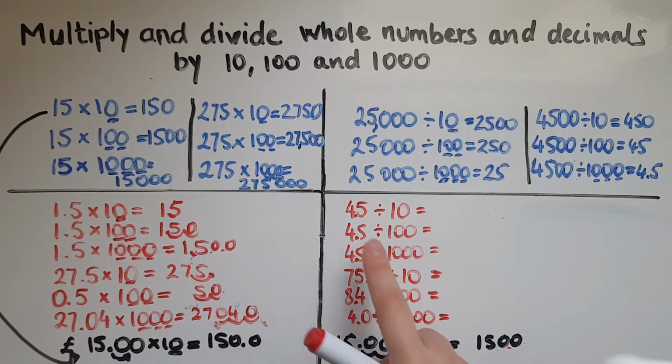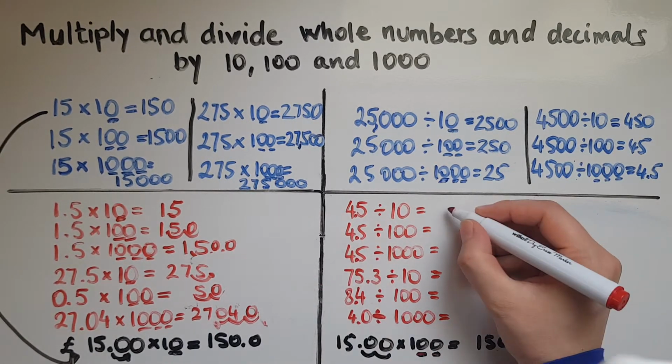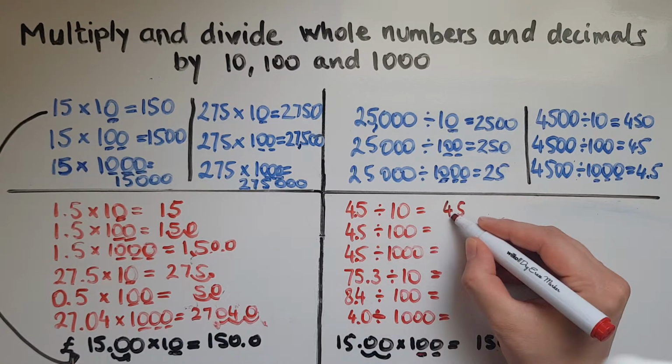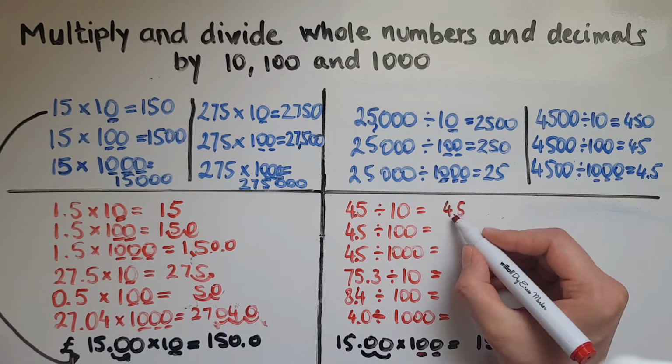So 4.5 divided by 10. I'll rewrite the digits 4 and 5. At the moment, the decimal is between 4 and 5, and it's being divided by 10. So divided means moving in the negative direction to make the number even smaller.